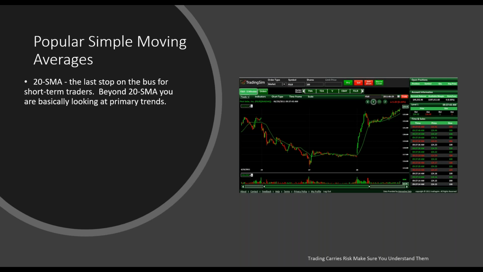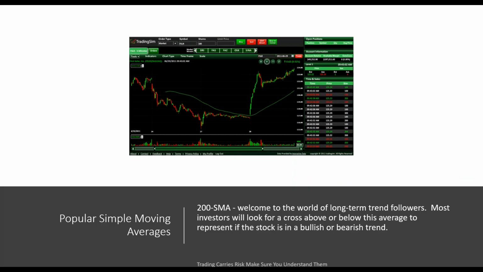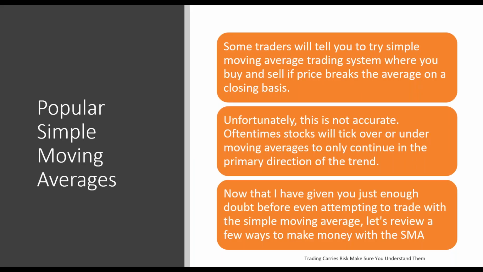They're not going to help us decide when we want to get in the market or what price we want to enter. They give us environmental looks. Now 50 is used by traders to gauge midterm trends. And 200, I don't know anybody who uses 200 outside of an investor buying into the stock market.